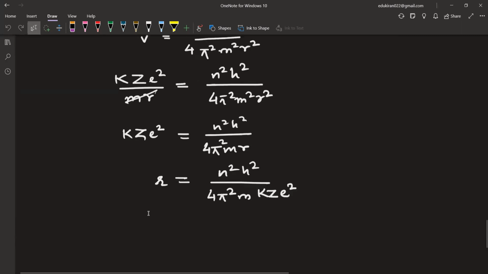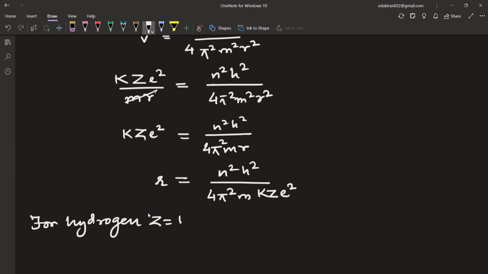Yes. Okay. So from here you will write, for hydrogen, Z is equal to 1. And the K, that is the dielectric constant that we take, is also equal to 1, unity. For all of the atoms, because between the positive and negative charge we don't have any dielectric constant K, it is always taken as 1 generally.